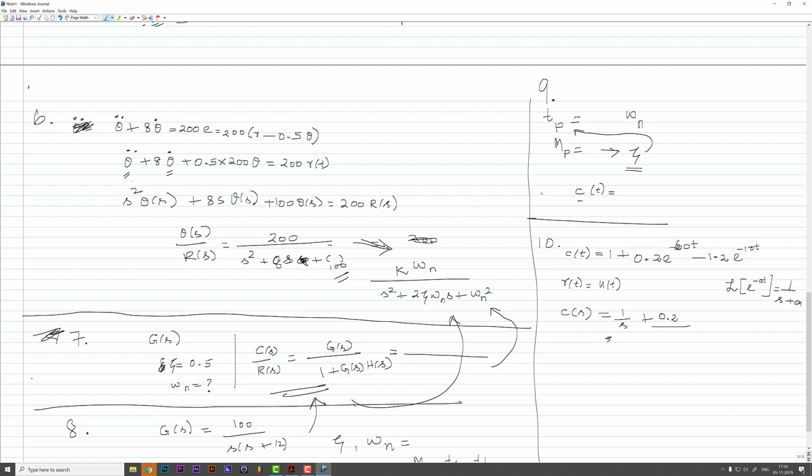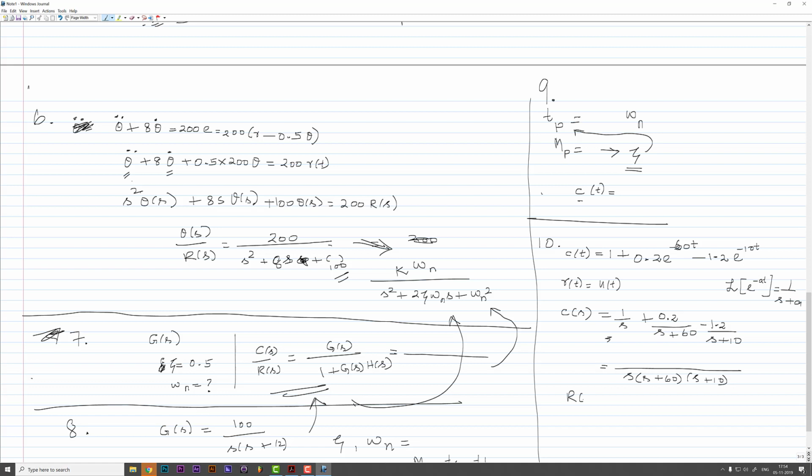So use that: 1 by s plus 60, minus 1.2 by s plus 10. Okay, so now you can simplify this, you get C of s. So you will have s plus 60, s plus 10, and simplify, you get the numerator.